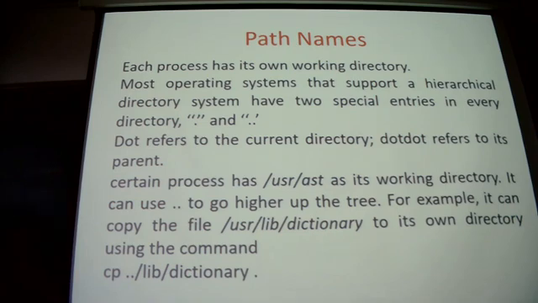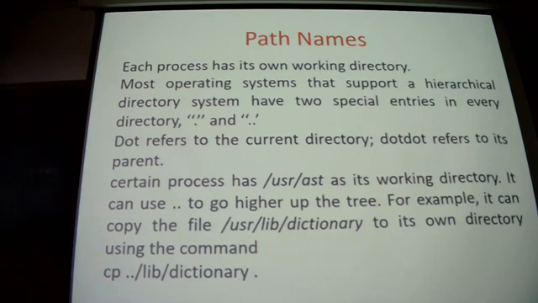Because dot dot means go to its parent, so now the path is just lab. This command is equal to this one. And then the second path is a dot. Dot means the current directory.